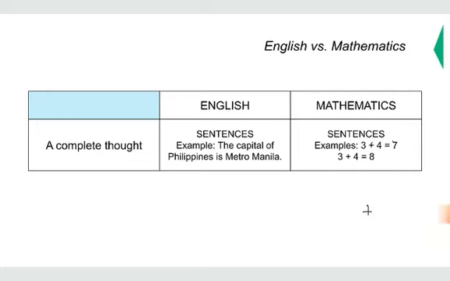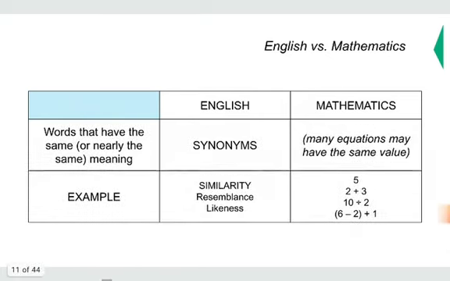For example, on the left side of the first one, 3 plus 4 and then equal 7. Okay? So right here, the equal completes the thought. Pero, of course, dapat may laman yung kanan at kaliwa nun. 3 plus 4 equals 8.